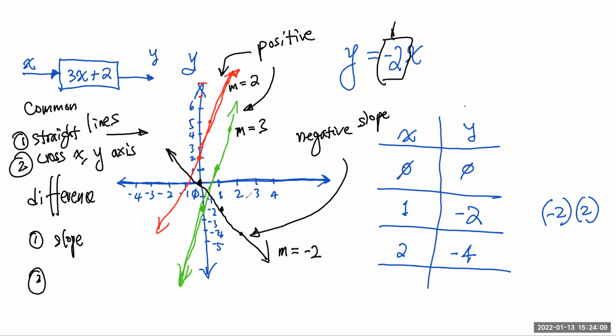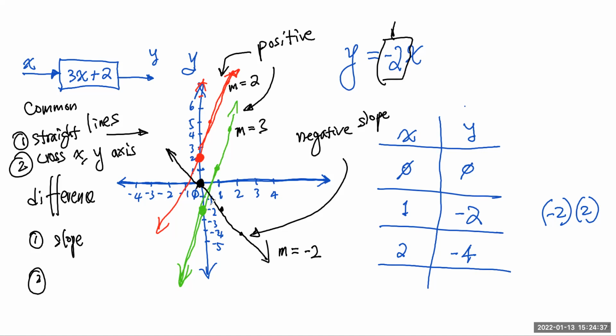For the red line, the cross point on the y-axis is 2. For black it's right at 0, and for the green, it's at -2.